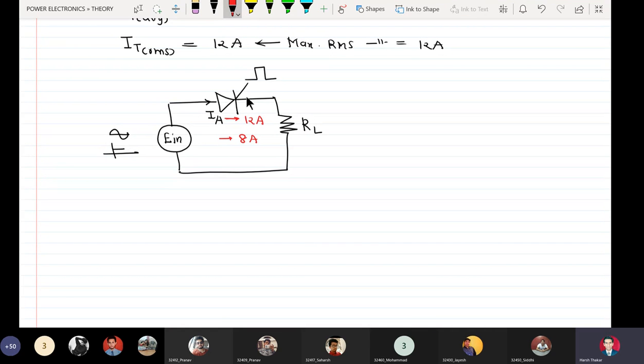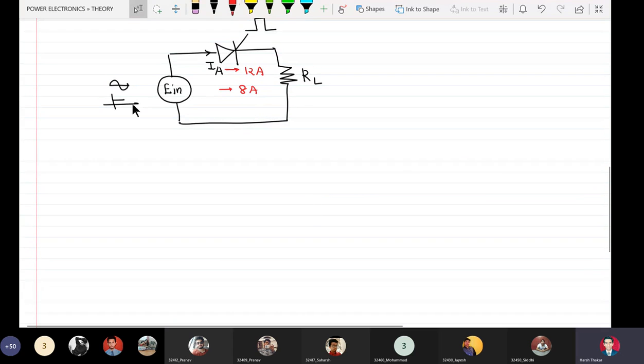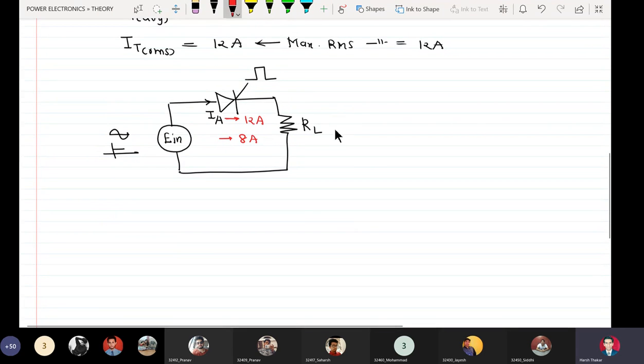Now if I want to protect this SCR, because SCR is a costly component, I will connect a fuse between the supply E in and the SCR. This circuit, if it has to incorporate SCR protection, has to be redrawn this way.